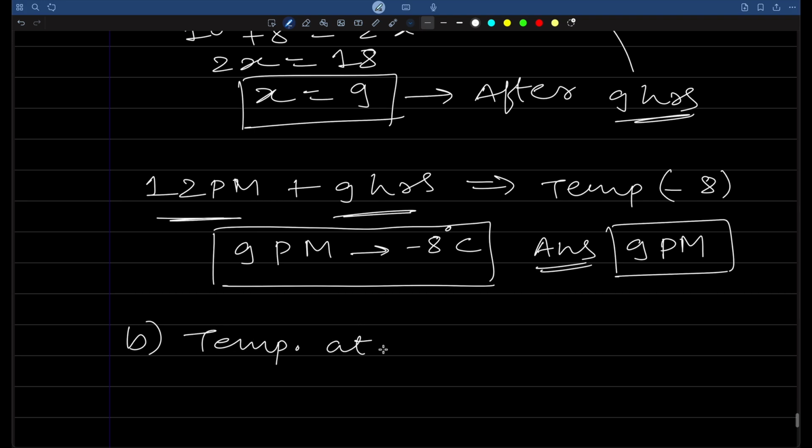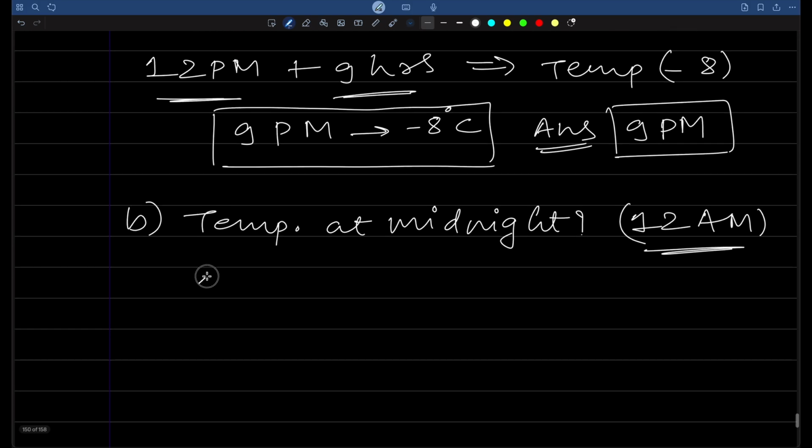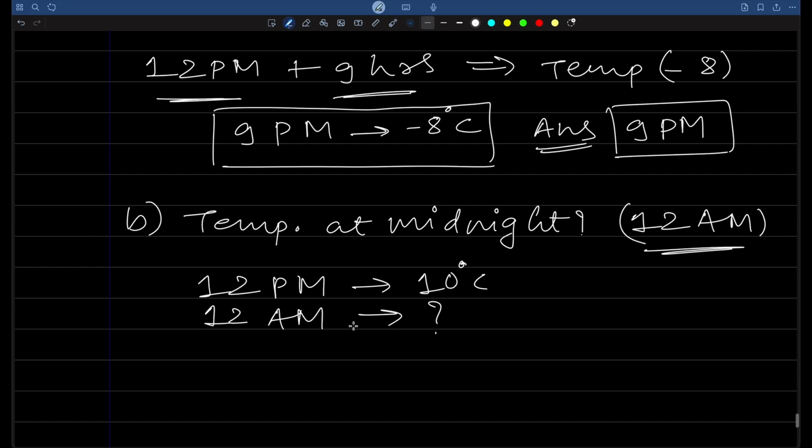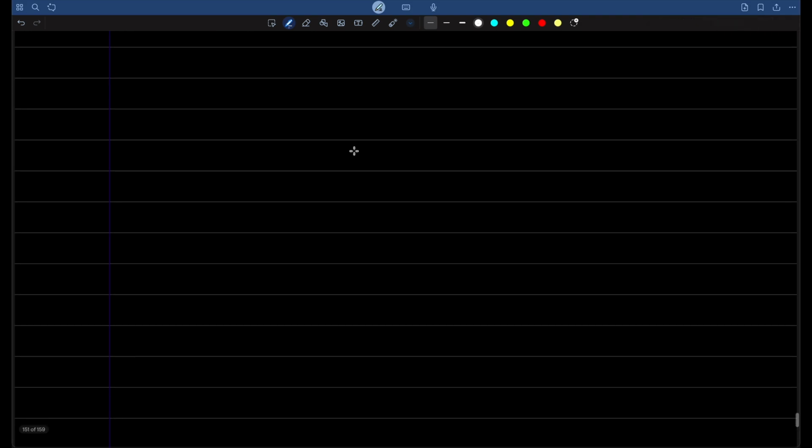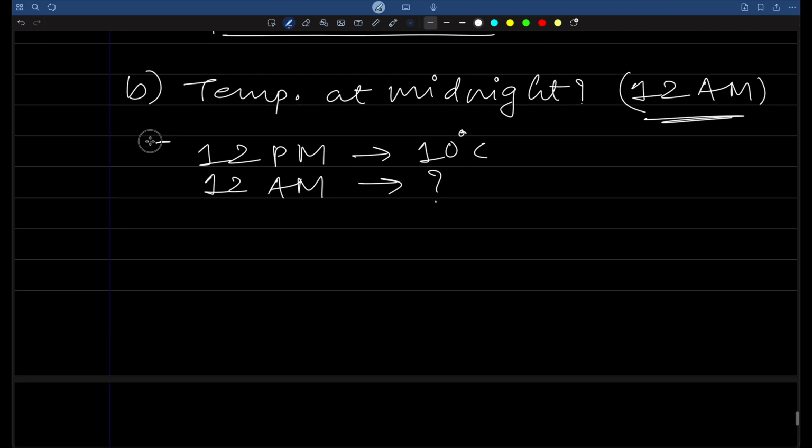Temperature at midnight, that is 12 a.m. So we have 12 p.m. temperature is 10 degrees Celsius, and we have to find the temperature at 12 a.m. We have the difference of 12 hours.